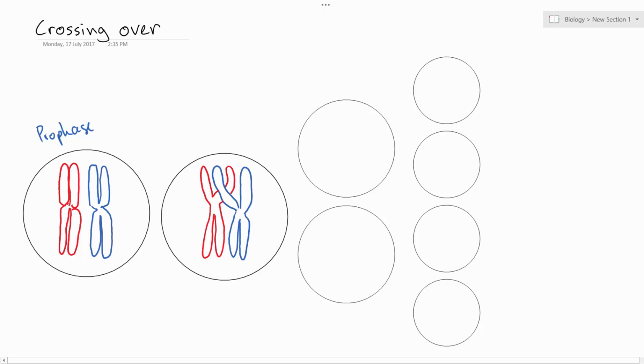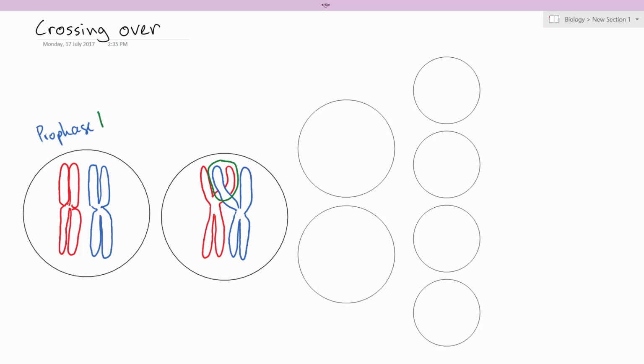What we can see here is this little section where two of the segments of the sister chromatids have started to wind around one another. This happens during prophase 1 in meiosis, where the sister chromatids are lying close together in their pairs, and we get this wrapping around of the ends of the chromatids.